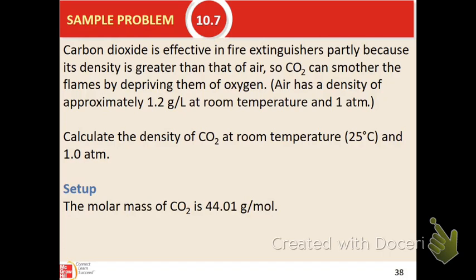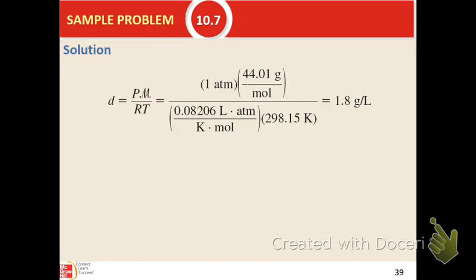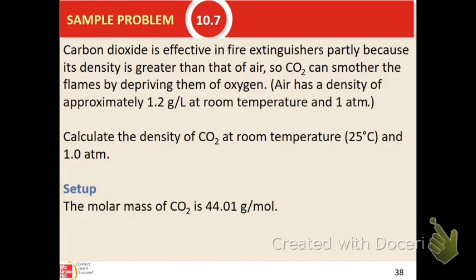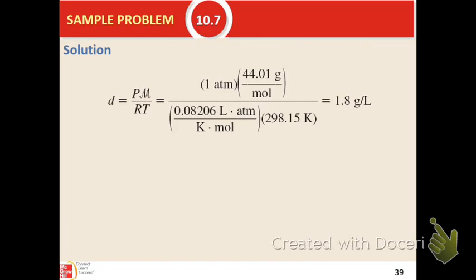And see exactly what it shows you to do. That capital M is the molar mass of carbon dioxide. So you got your pressure, you got your molar mass, and divide it by R and T, and you get your density. Okay?